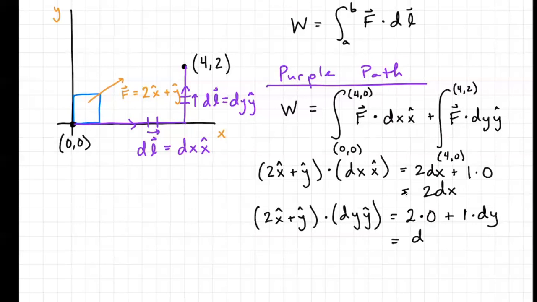So this is just dy. So the work done here should be the integral of 2dx plus the integral of dy. And the bounds now are explicitly in terms of x and y. So the first one is an integral over x, and the second one is an integral over y. And the bounds should reflect that. So I'm going from 0 to 4 in x along the first path, and from 0 to 2 in y along the second path. And so I've written the bounds that way.